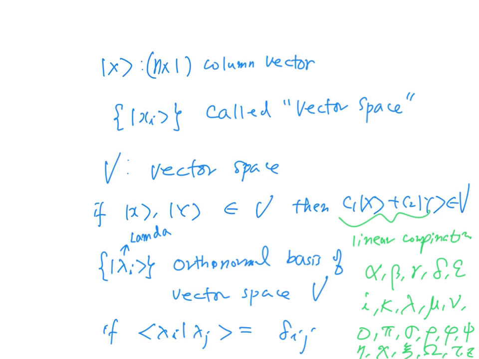Special vectors lambda I form an orthonormal basis of a vector space V if the inner product satisfies delta ij.